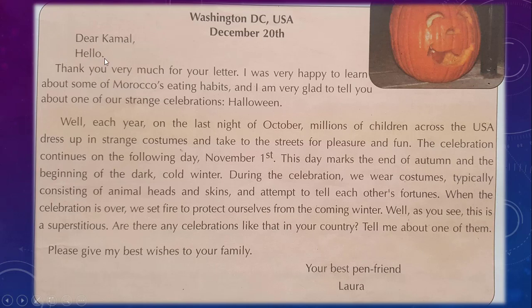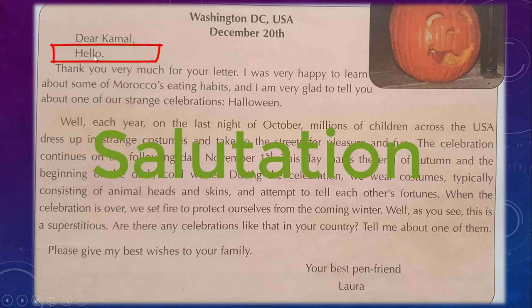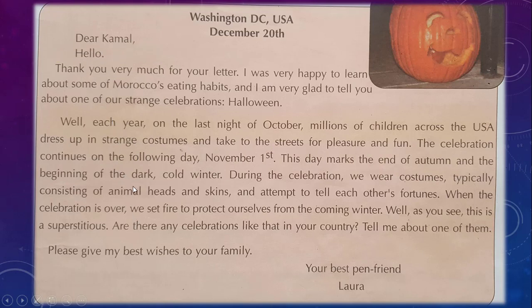After that, we have hello, which is the salutation. And then we have paragraph number 1 and paragraph number 2. Now, we're going to read these paragraphs and see what they are about. The first paragraph has an objective and the second paragraph has an objective.